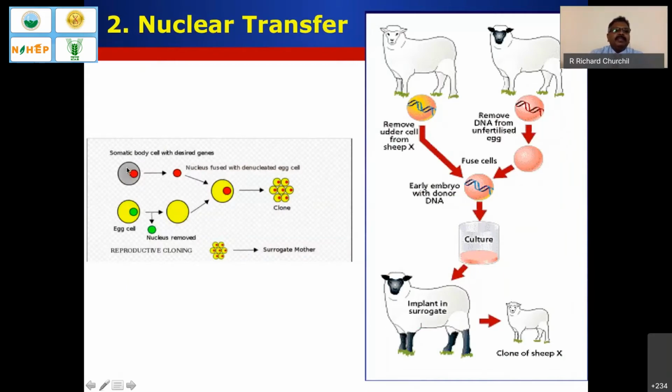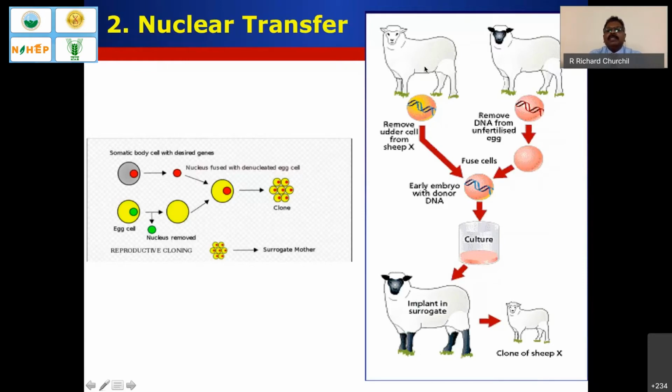Here, this is the ovum of a recipient, and this is the somatic cell of a donor. From the donor, the nucleus is taken, and from the recipient, the nucleus is taken out, and this donor nucleus is inserted into the ovum, and it grows into an animal. This is the nuclear donor, this is the ovum donor, and this is the offspring. This is a surrogate animal. So there are three animals involved.